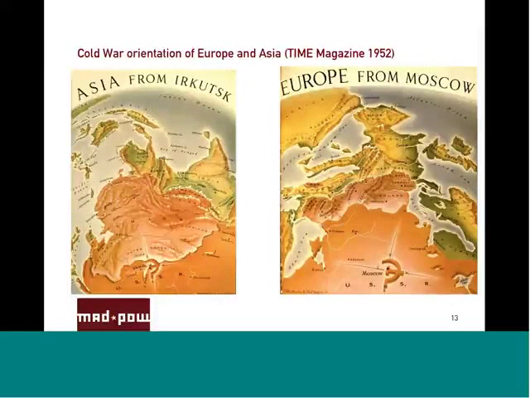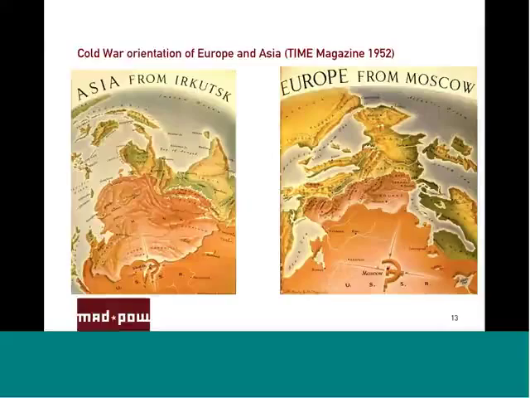So this idea of orientation can carry a lot of information. We saw in the Erzlab map that it was oriented from the North Sea looking out towards Italy. Here's some examples of graphics from the Cold War period. These are from Time magazine in 1952, and they're showing on the left, looking at Southeast Asia from Siberia across China, and on the right, looking from Moscow towards Western Europe.